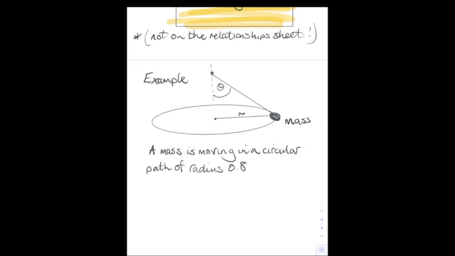Same setup, we've got a mass moving in a circle that's got a radius of 0.8 metres. It's supported with a piece of string that's got a length of 1.1 metre, an angle theta, and we are asked to calculate, firstly, what is that angle theta?